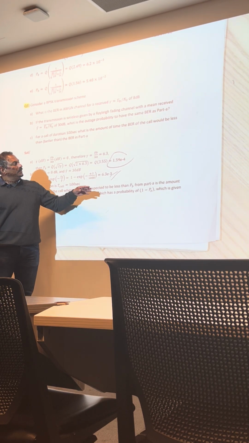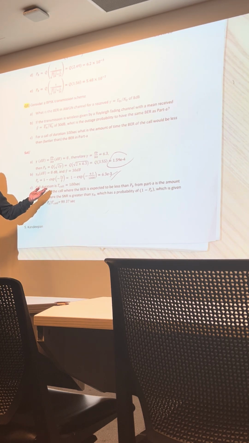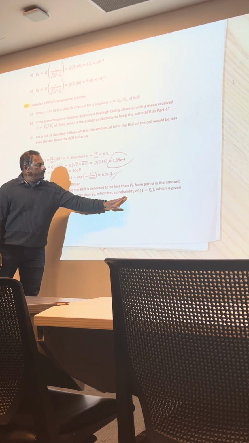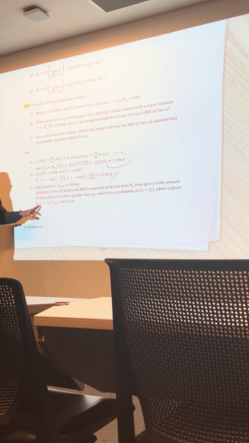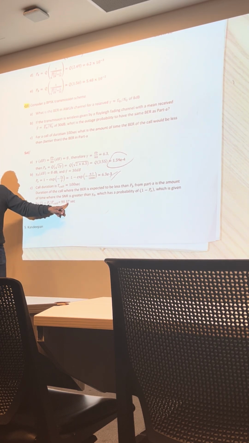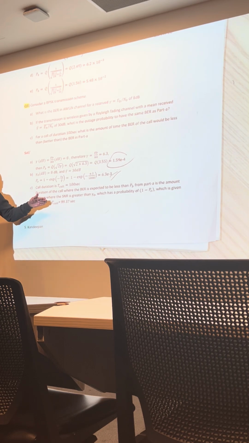SNR greater than gamma 0 has probability 1 minus the outage probability. Therefore, the duration of the call is 1 minus P0 times the call duration, 99.37 seconds. So 99.37 seconds out of a 100-second call, you're going to have good quality bit error probability as per this, right?